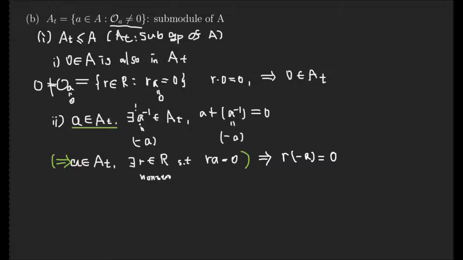So we find minus a is an element in AT. There exists a non-zero element such that r times minus a is equal to 0. So clearly minus a lives in AT and a plus minus a is equal to 0. So in this form, AT is a subgroup of A.